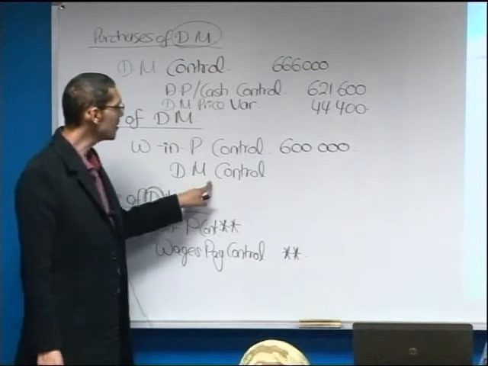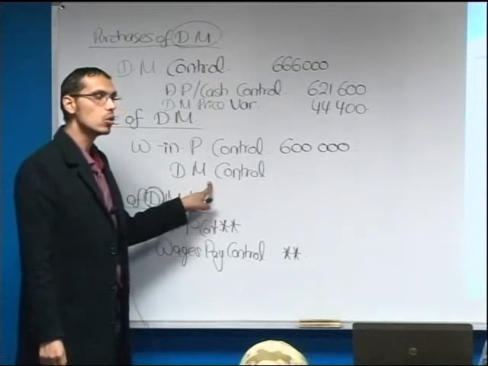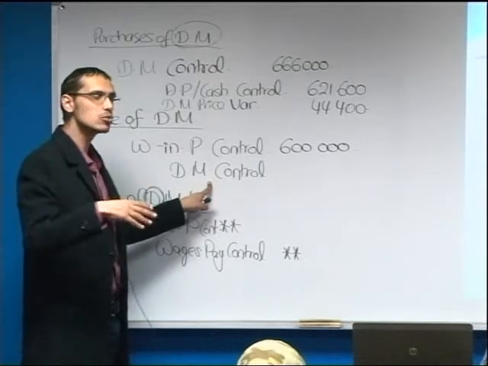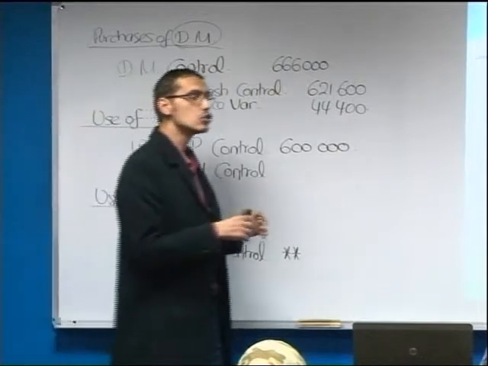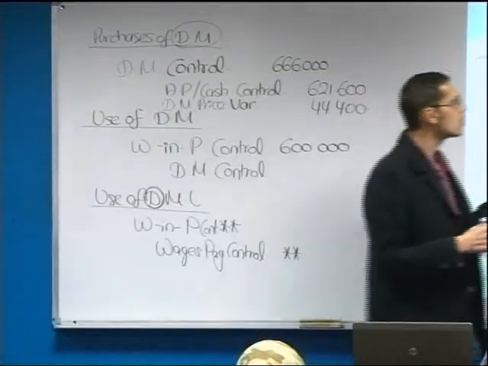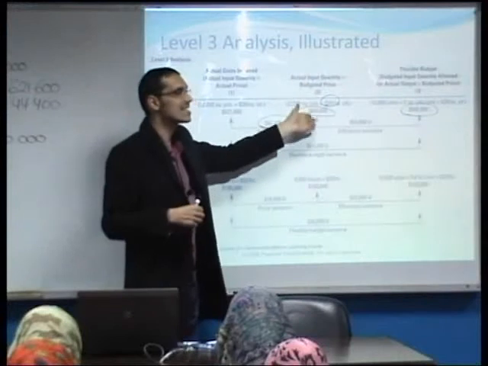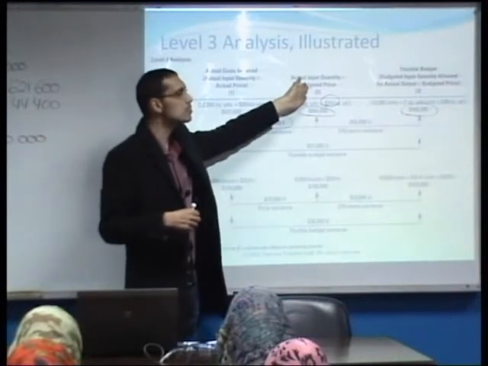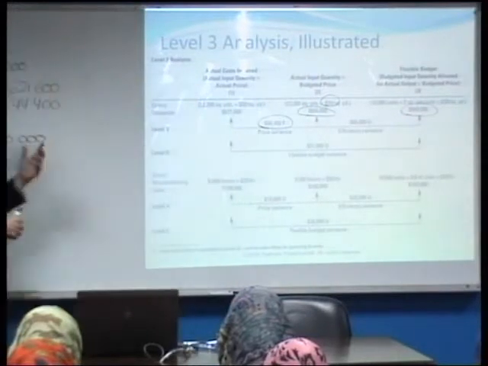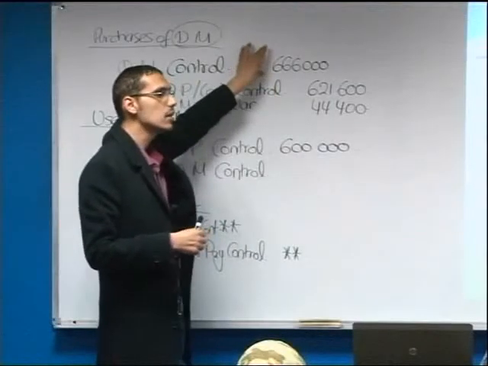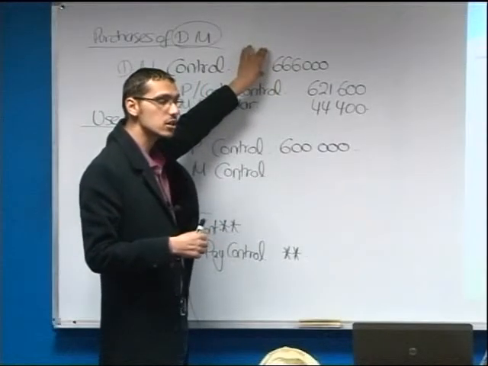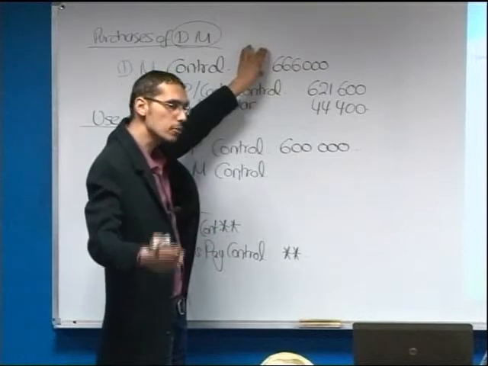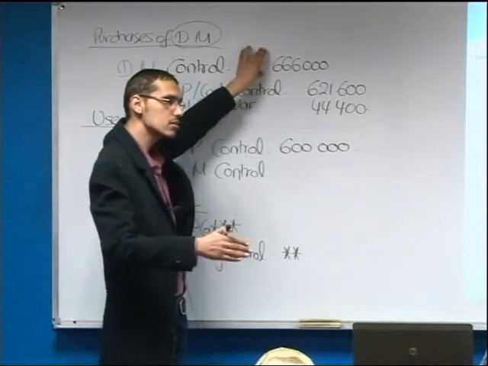Now, the direct materials control would be credited by the amount of $666,000, according to the budgeted price that we have already taken into consideration when we performed our first journal entry, when we purchased these direct materials.